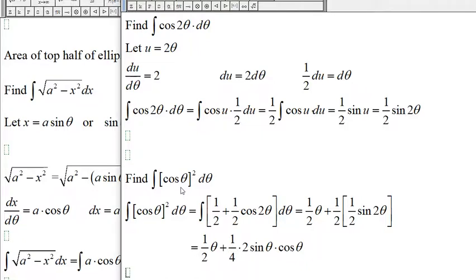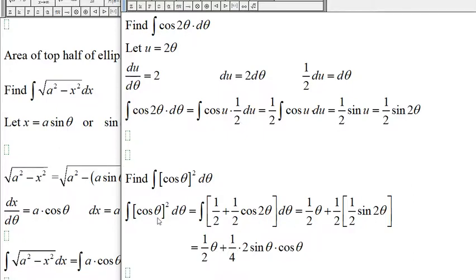The antiderivative of the constant 1/2, integrating with respect to theta, is 1/2 times the variable theta, which is 1/2 theta. And then we have the 1/2 times the integral of cosine of 2 theta, which is 1/2 sine of 2 theta.